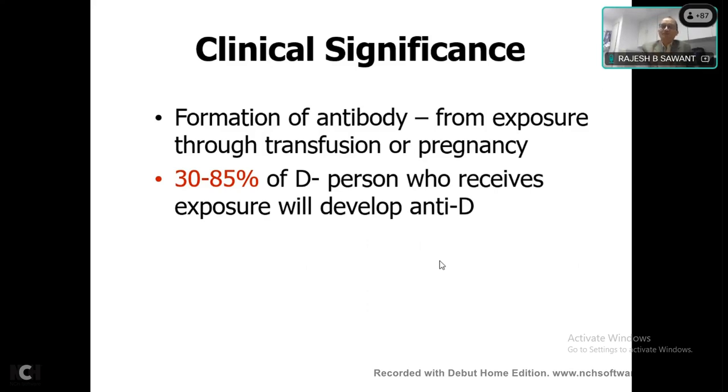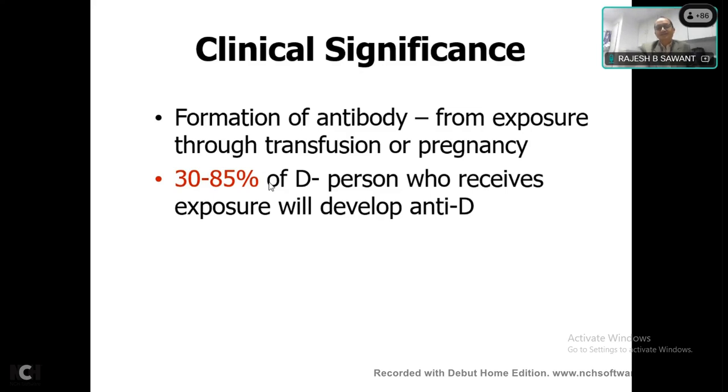And does it form always? No. So even if a Rh negative individual is exposed to Rh positive cells, only in about 30 to 85% of the cases the anti-D antibody or the anti-Rh antibody will be formed. Not always, not in 100% of the cases.